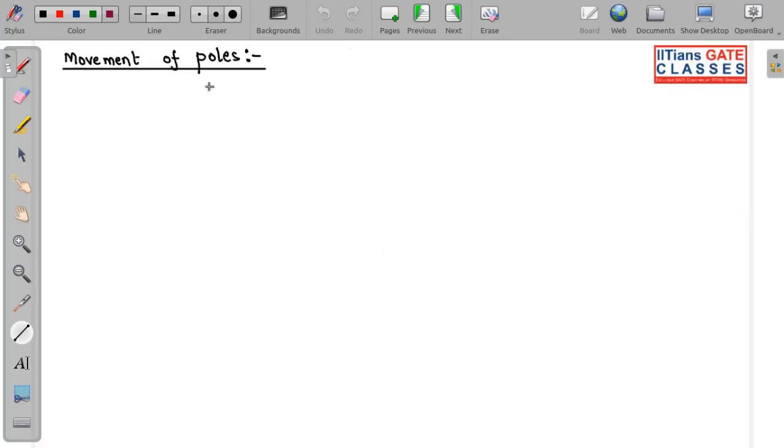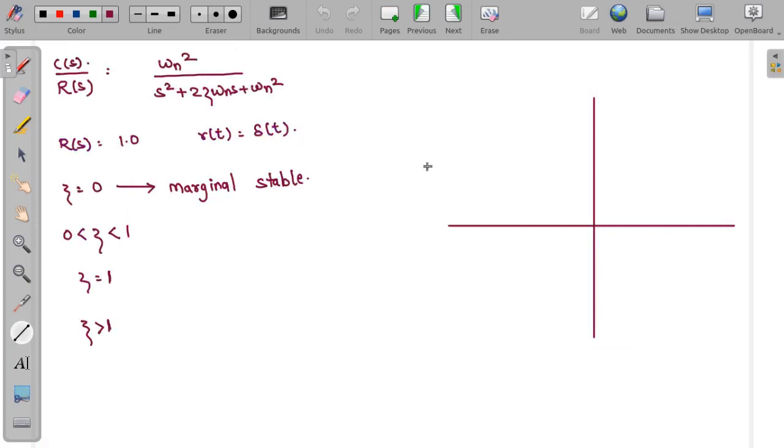Okay, so movement of pole I have written over here, but okay, I will cover it over here. So you can see that this is your S plane, so this is sigma j omega. For zeta equal to 0, poles will lie on the imaginary axis. For zeta in between 0 and 1, your poles will lie on your complex plane in conjugate fashion.